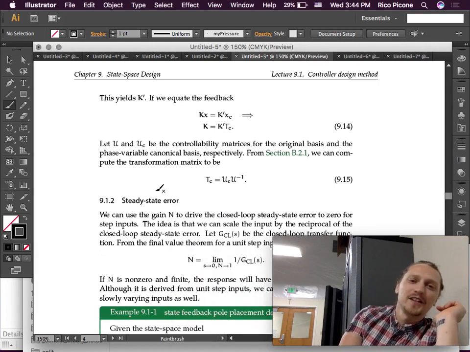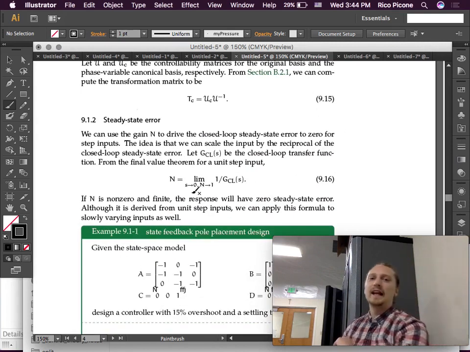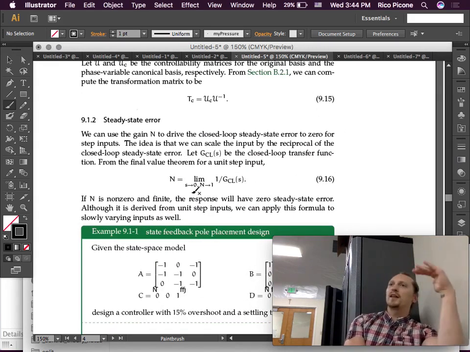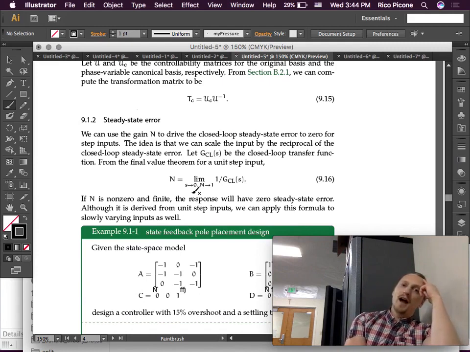All right. Steady state error. We can use the gain N, which is on the command signal coming in, to drive the closed loop steady state error to 0 for step inputs. The idea is that we can scale the input by the reciprocal of the closed loop steady state response. Let G_CL(s) be the closed loop transfer function.